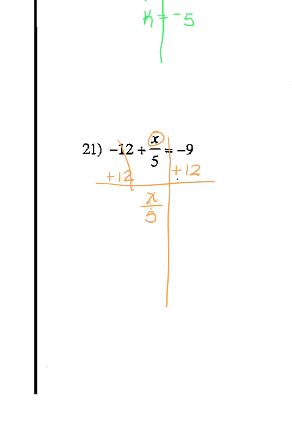And negative 9 plus 12 is 3. The opposite of dividing is multiplying. So I'm multiplying times 5. 5s are gone. X equals 15.